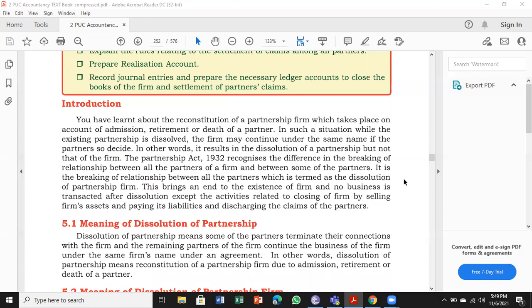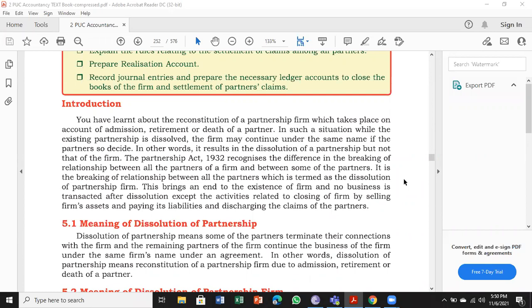Definitely it is not the same, because when you learn reconstitution of partnership firm in case of admission of a partner, retirement of a partner, or death of a partner, only the existing partnership agreement will be dissolved, but the business firm will continue in the same name, and the partners will enter into a new agreement. The business will continue as it is.